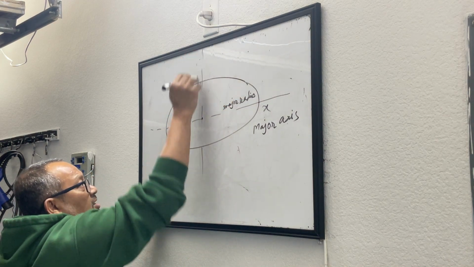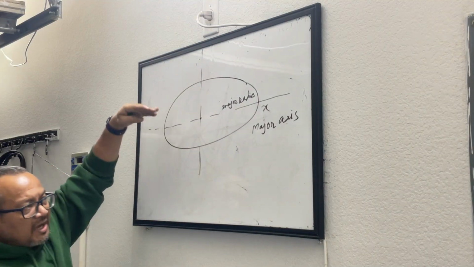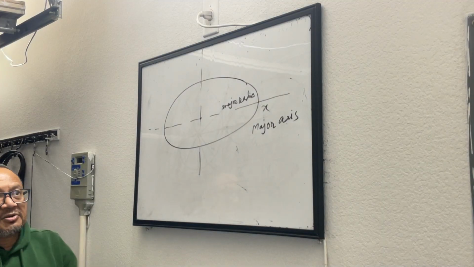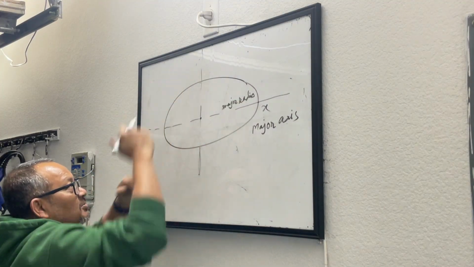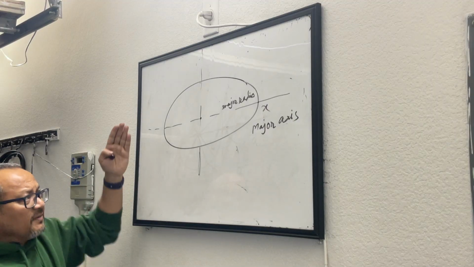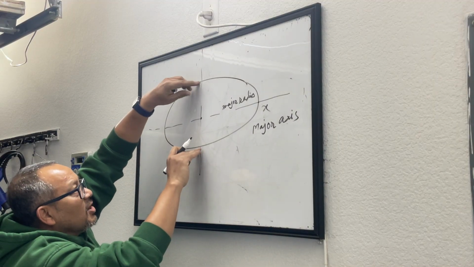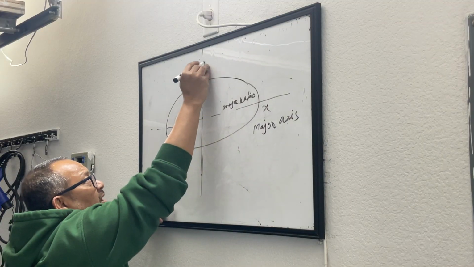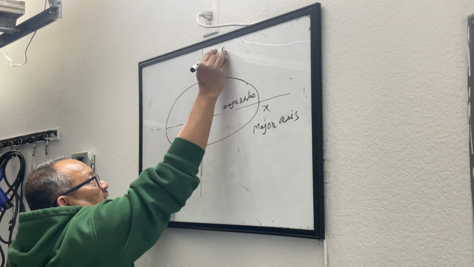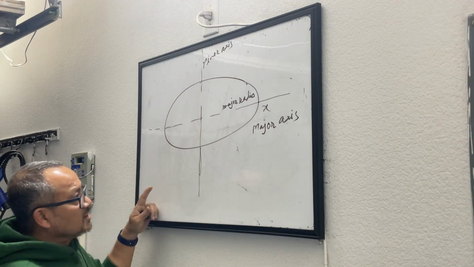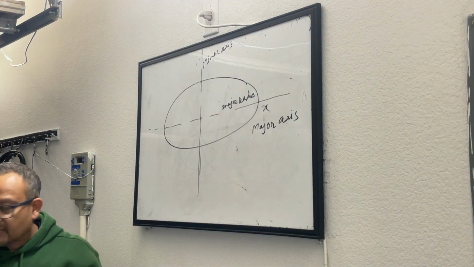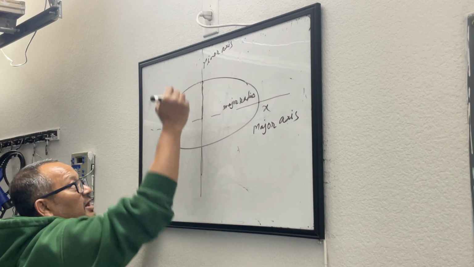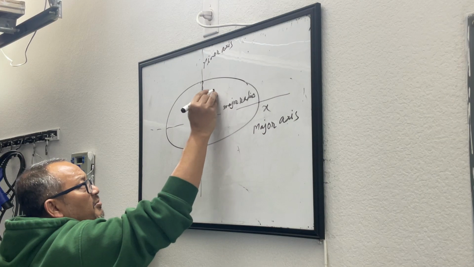Similarly, along the y-axis, it's not that it's always bigger along the x-axis and thin along the y-axis. Wherever it is smaller in dimension, that axis is called the minor axis. It could be x, it could be y, depending on how it is constructed. So this distance from the center to the boundary along the minor axis will be called the minor radius.